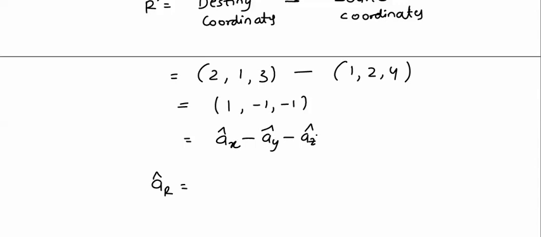Now, what about the unit vector, this ar vector? This ar vector is the R vector divided by the mod of the R vector. This is the unit vector along that direction.